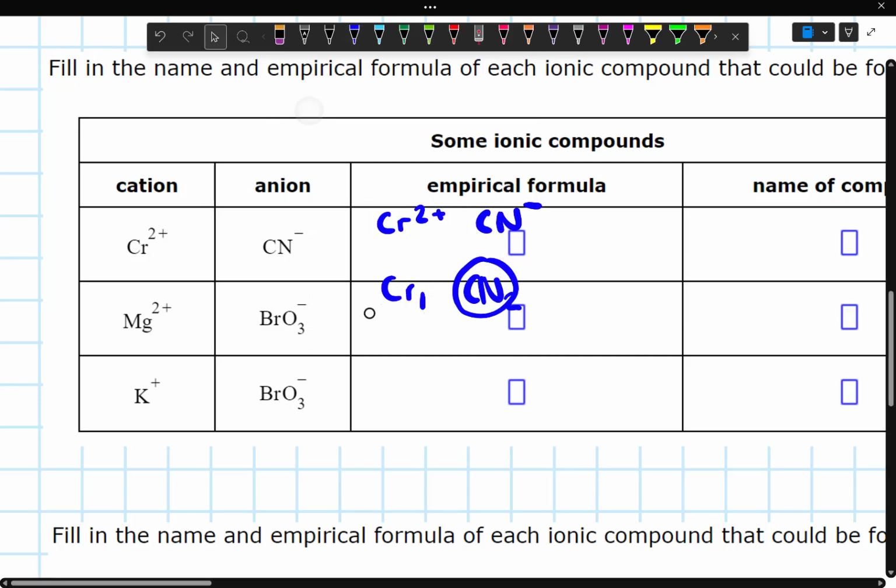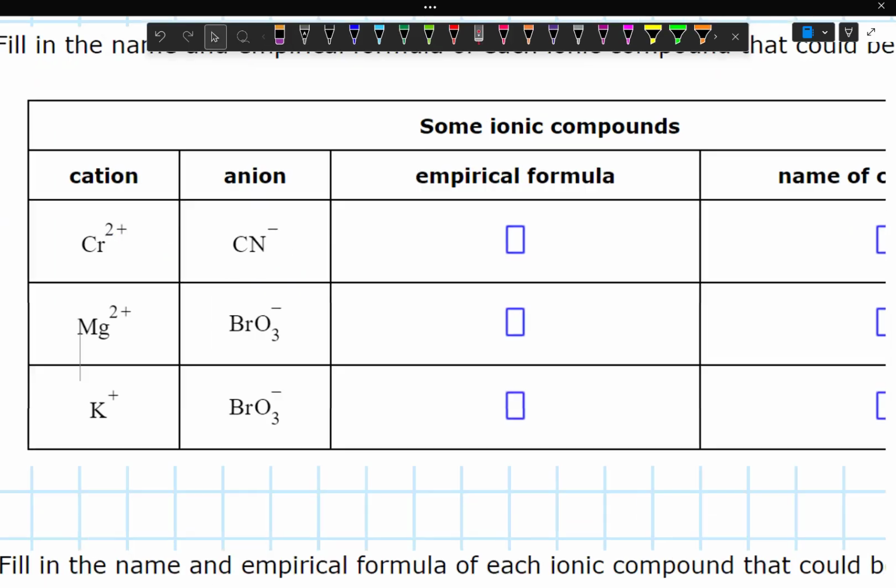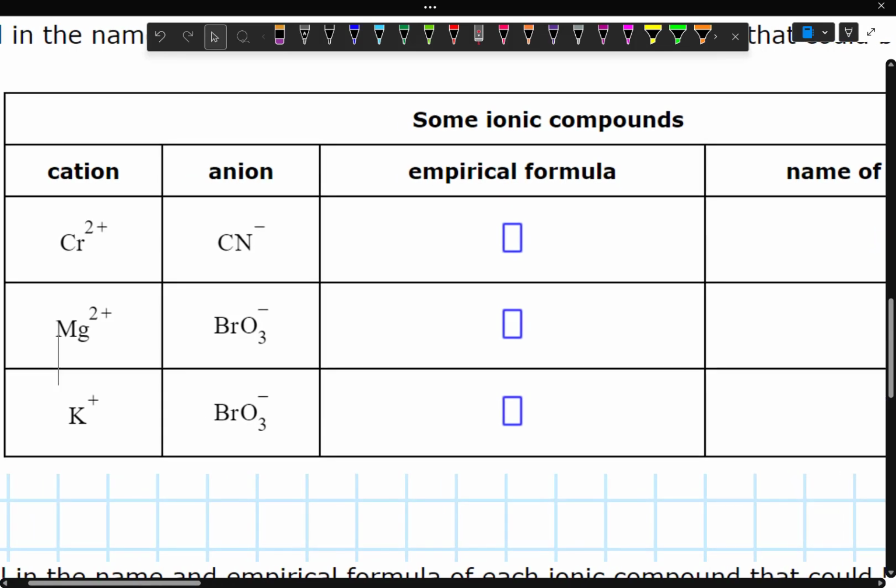So you see what I did there? All I did was bring this charge to one side and the charge of this one to the other. And that gives us the number of atoms or anions on each side.